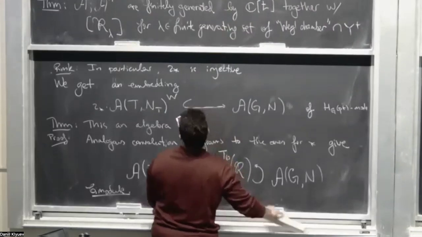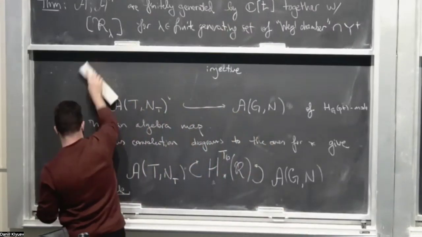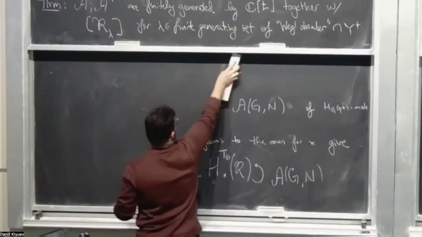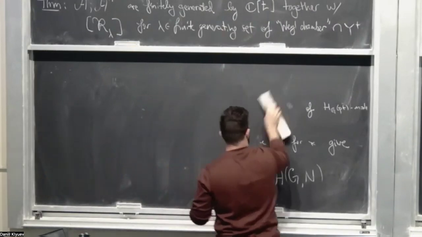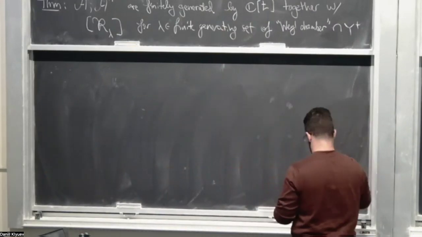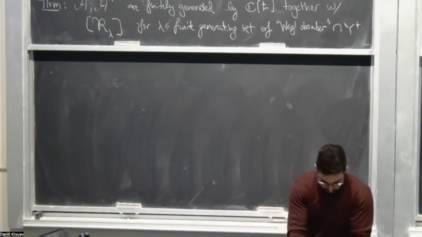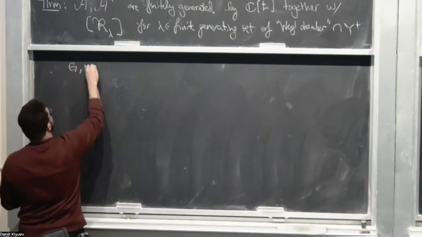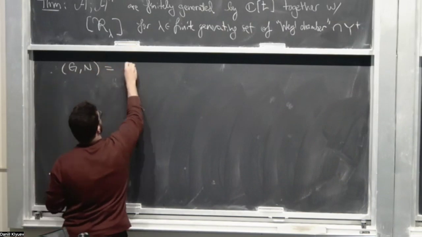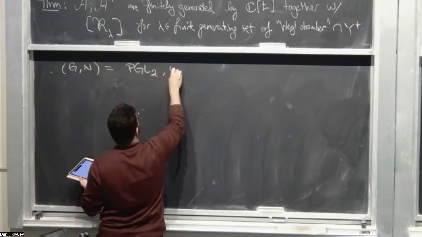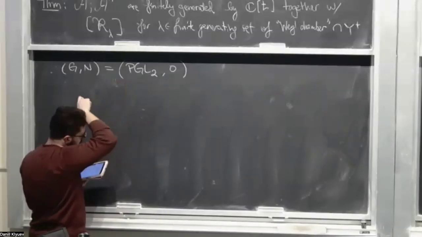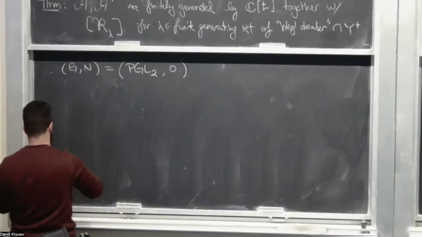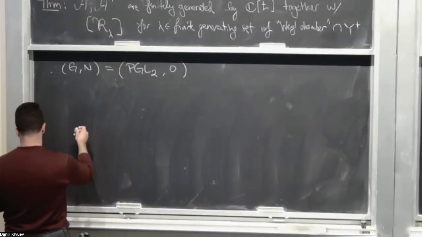So I'm just going to use that board to do something with PGL2 now. Let's do the simple PGL2 case where the representation is 0. I'm working with the Grassmannian, but the general n case is not that much harder.